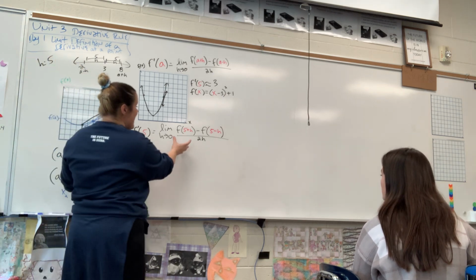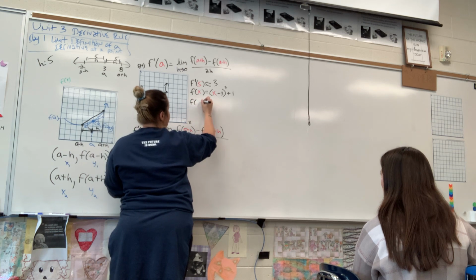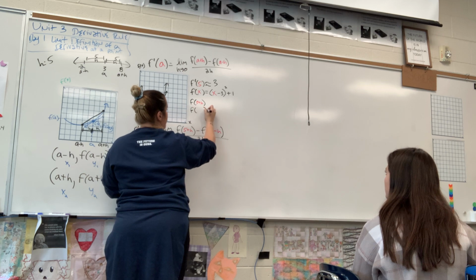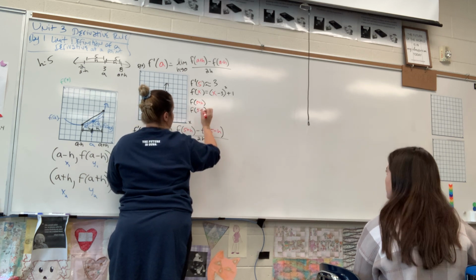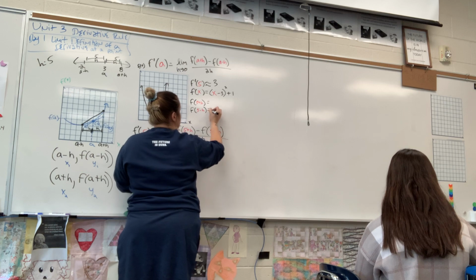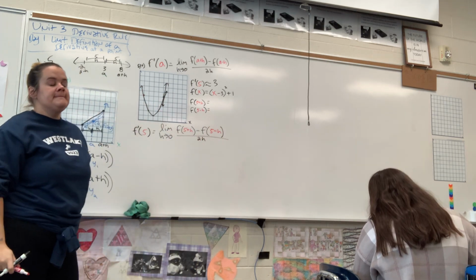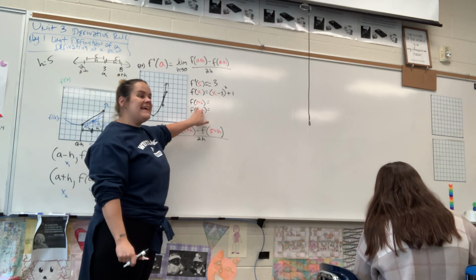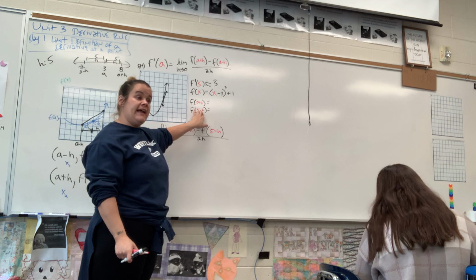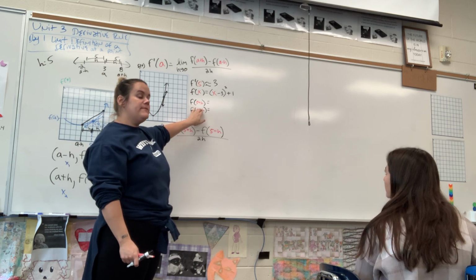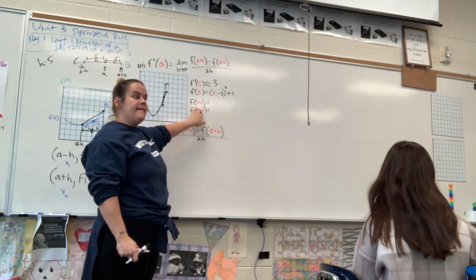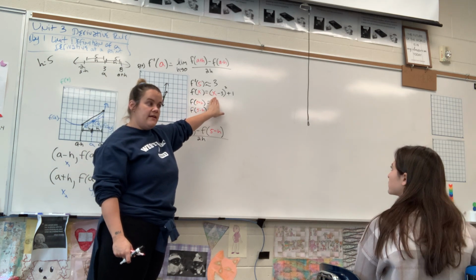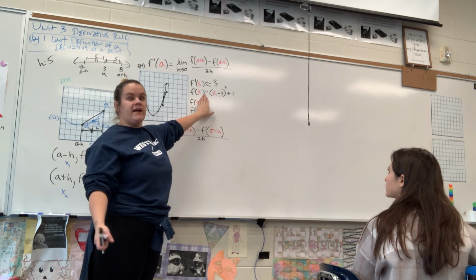But I need to find f of 5 plus h and f of 5 minus h. So think back to Sec 2, maybe some of Sec 3, and whatever is in here in the function notation, this is the hard part. This is what goes in for x. If this was just a 5, wouldn't we put 5 minus 3 squared?